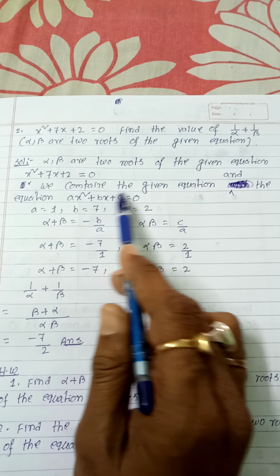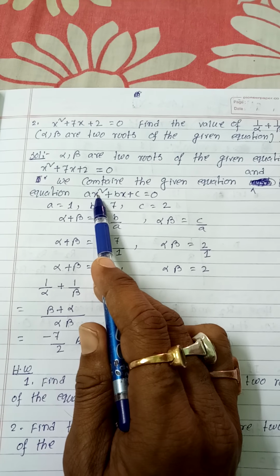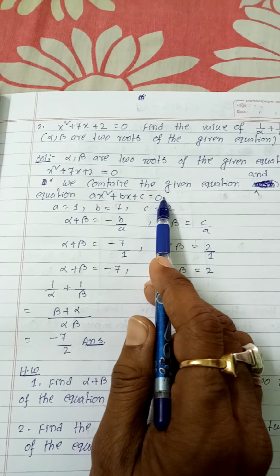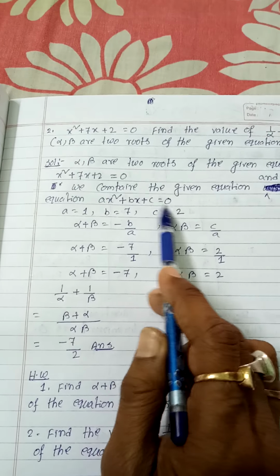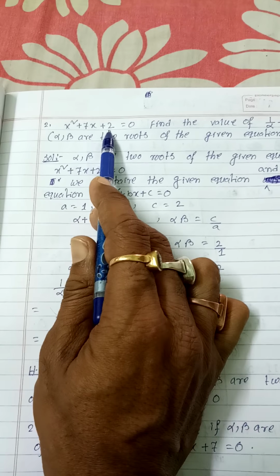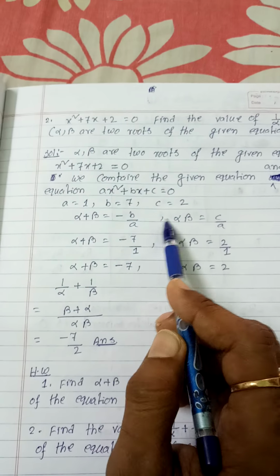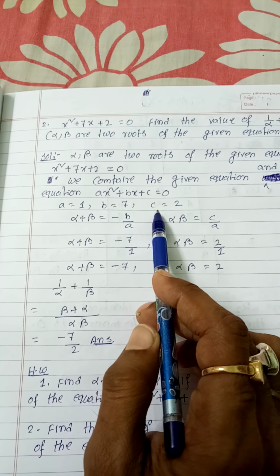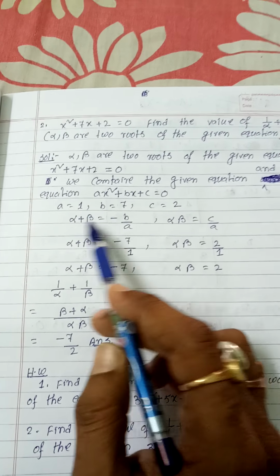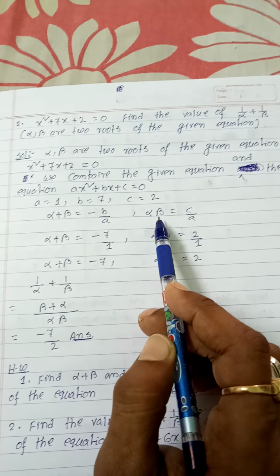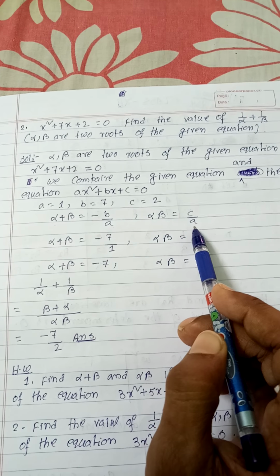Now we compare the given equation and the equation ax square plus bx plus c equal to 0. If we compare these, x square plus 7x plus 2 equal to 0, you see that the value of a is 1, the value of b is 7 and the value of c is 2. So we know that alpha plus beta equal to minus b upon a and alpha beta equal to c upon a.